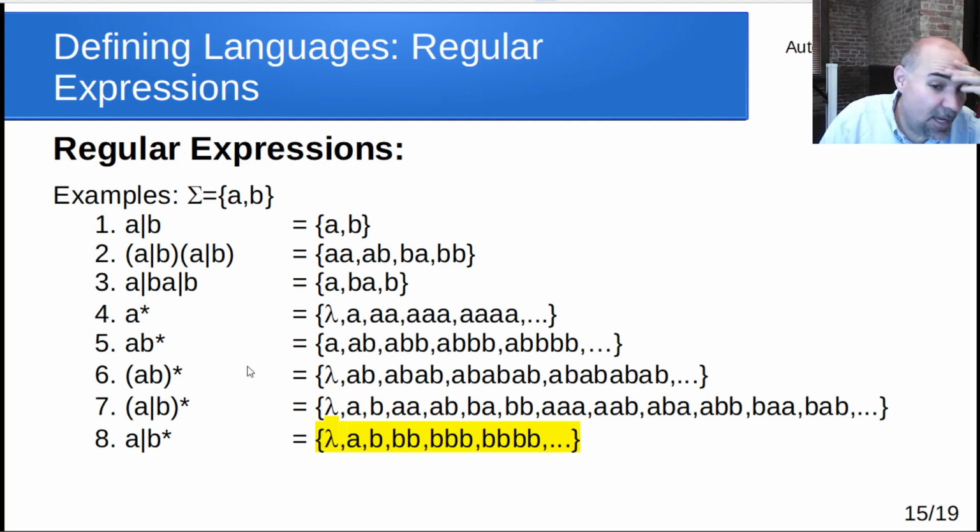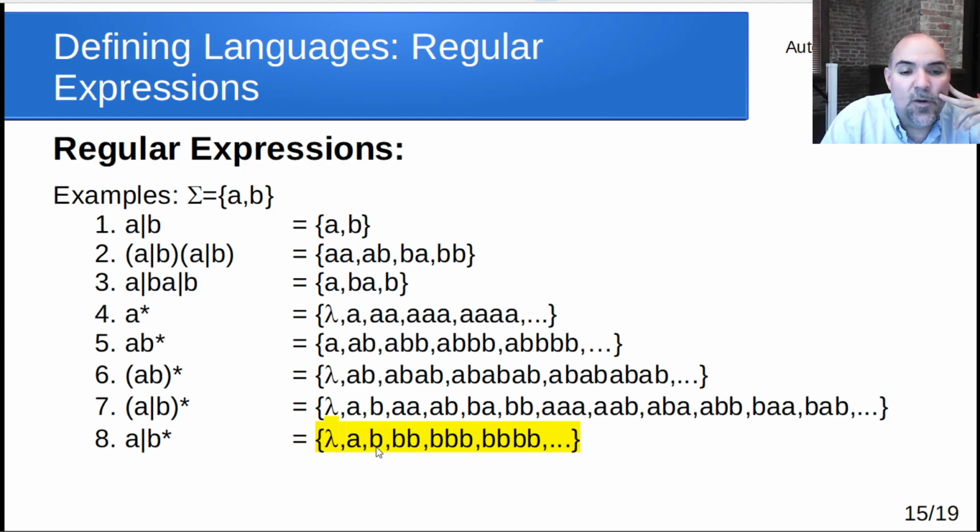All right, the next one, A or B star. Notice this is the same as the previous one, but I took out the parentheses. So this is saying it's either an A or it's 0 or more B's. So here's just the A, and there's 0 B's, there's 1 B, there's 2, there's 3, there's 4, there's 5. So it's going to be lambda. That comes from B star. The A comes from there.